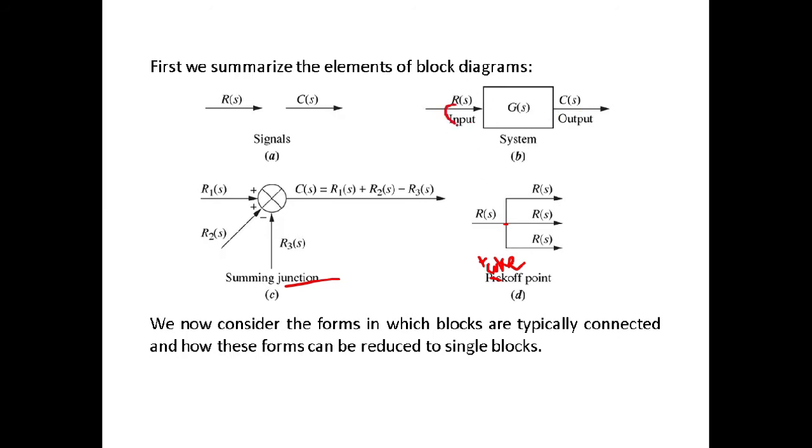In a closed loop control system there will be a summing point right here, and we are taking a backward signal from this point. In this direction it is C of S, and in this direction also it will be C of S, and this error detector will find the deflection or the error in the controlled variable. Okay, so this is what the summing point and takeoff point are all about: input signal, output signal, and the system.